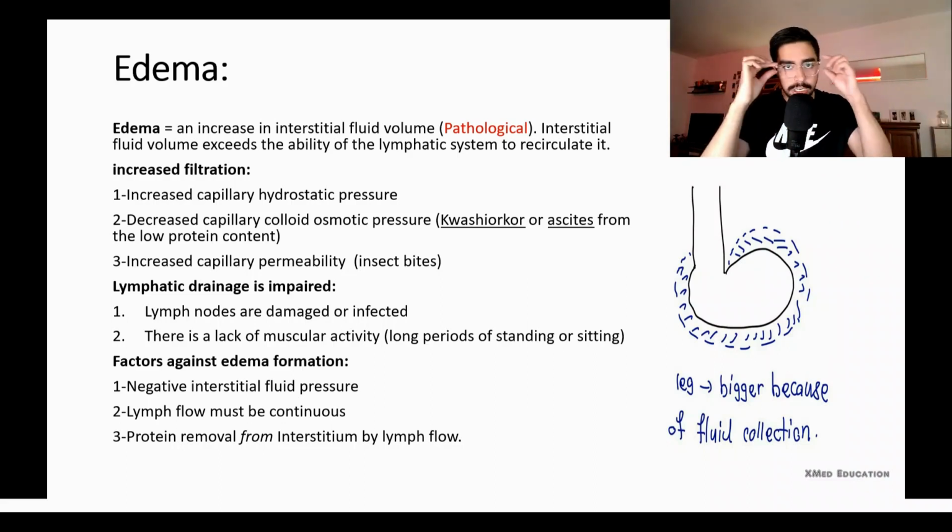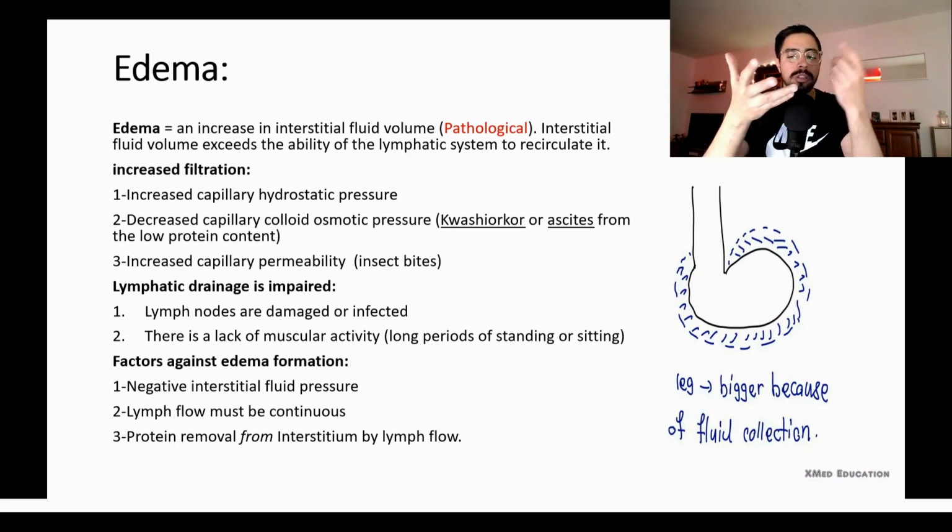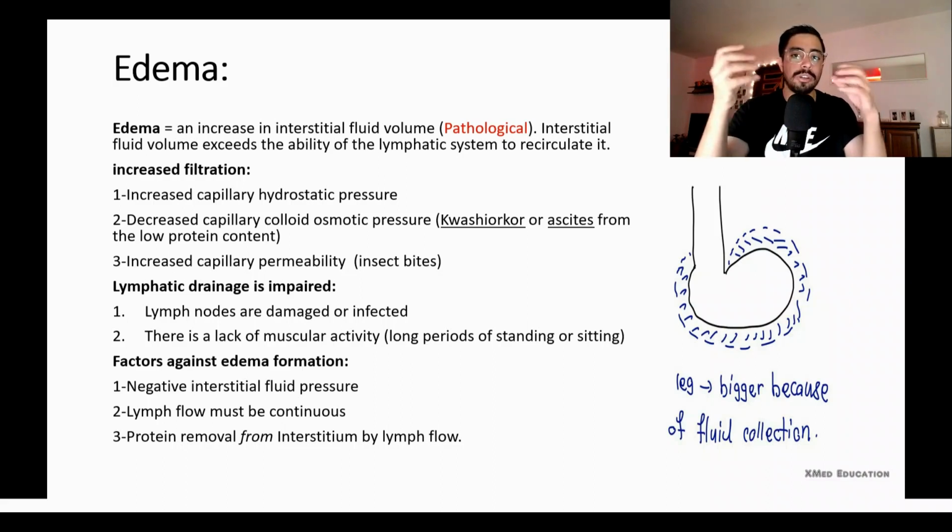And if the vessels are infected or damaged somehow, for example you break your leg and damage the lymphatic vessel there, or you get sick and your lymph nodes enlarge and obstruct the lymphatic vessel, or in the case of cancer, they can also cause obstruction of the lymph nodes.